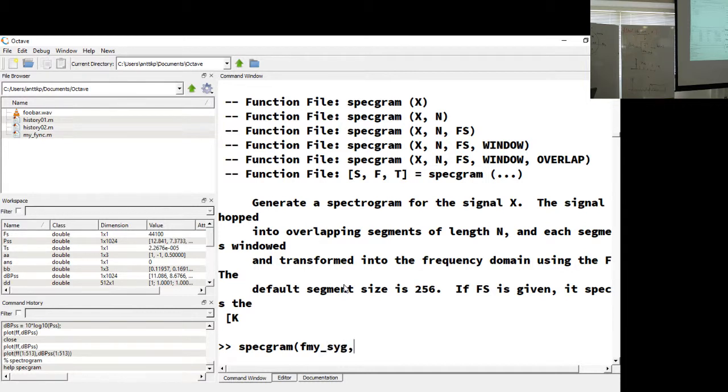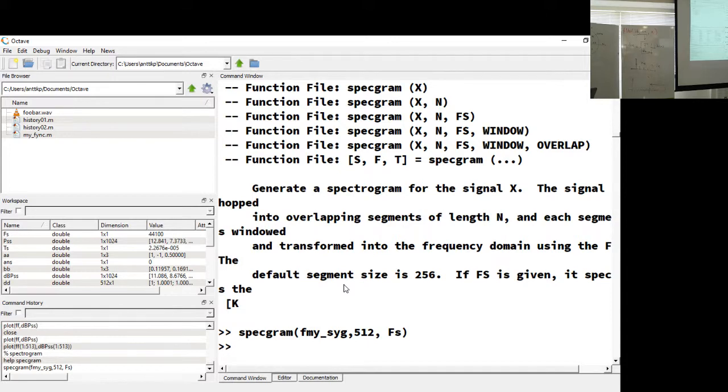Okay, 512 points is enough. That would produce 256 points in graphics, 256 pixels. Then times basically how many parts you got, and then sampling rate 44.1 kilohertz. Let's see what it looks like.